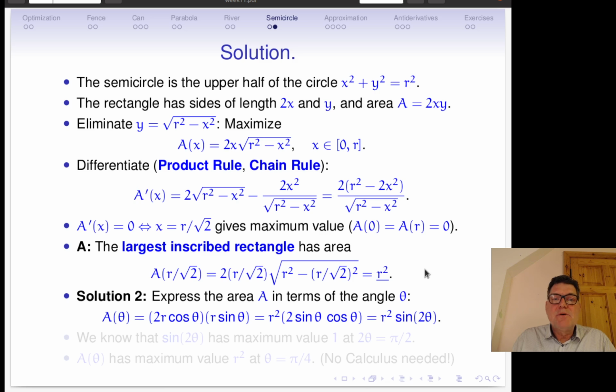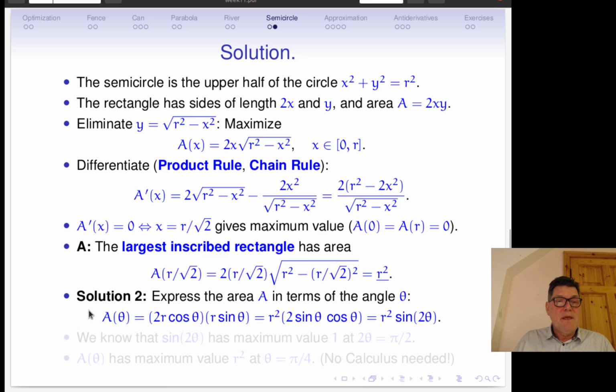Expressing the area in terms of the angle, where we use the fact that x is r times cosine theta and y is r times sine theta, A of theta becomes 2r cosine theta times r sine theta, which is r squared times twice sine theta cosine theta, where we might have used this before. The 2 sine theta cosine theta, that's just the double angle formula. That's simply the sine of twice theta.